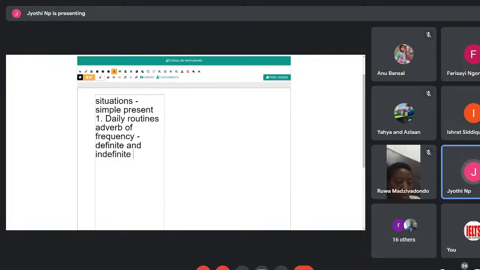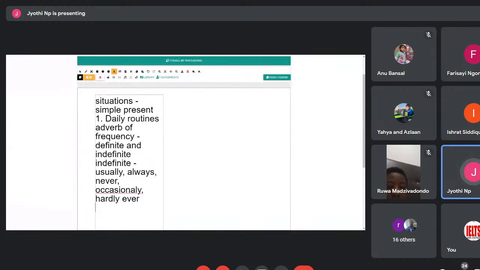Indefinite usually comes in the beginning, and definite comes at the end of a sentence. Indefinite examples are usually, always, never, occasionally, hardly ever.